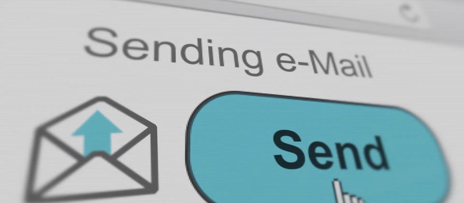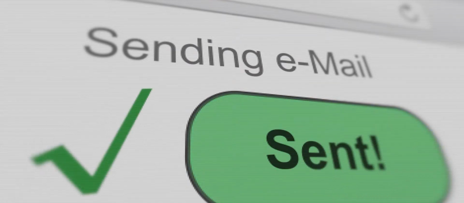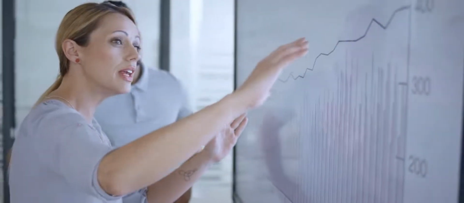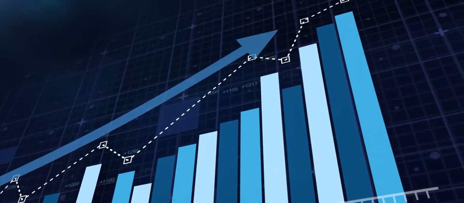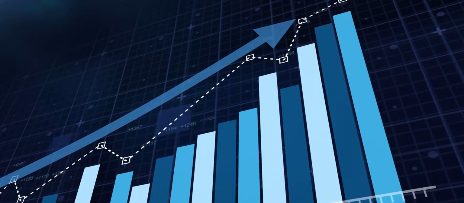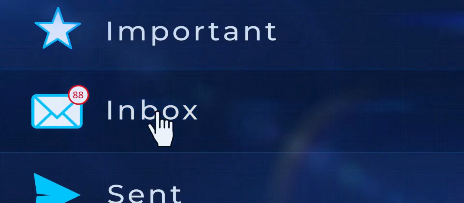What is IP warm-up? IP warming is a process of methodically adding email volume to a new IP address gradually over several days or weeks in order to establish a positive reputation with a mailbox provider.